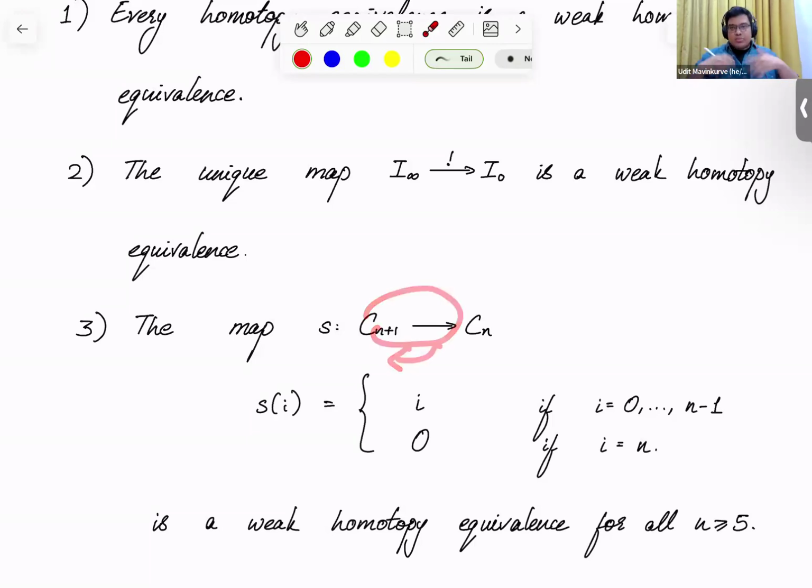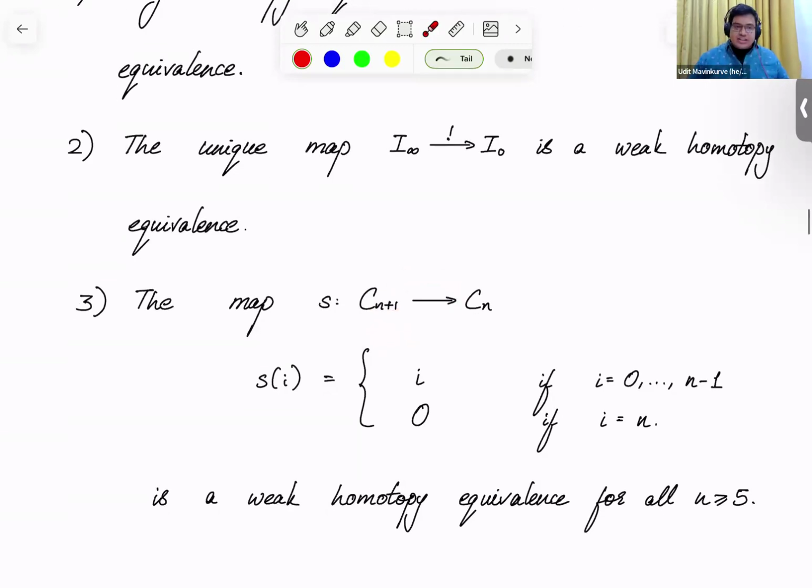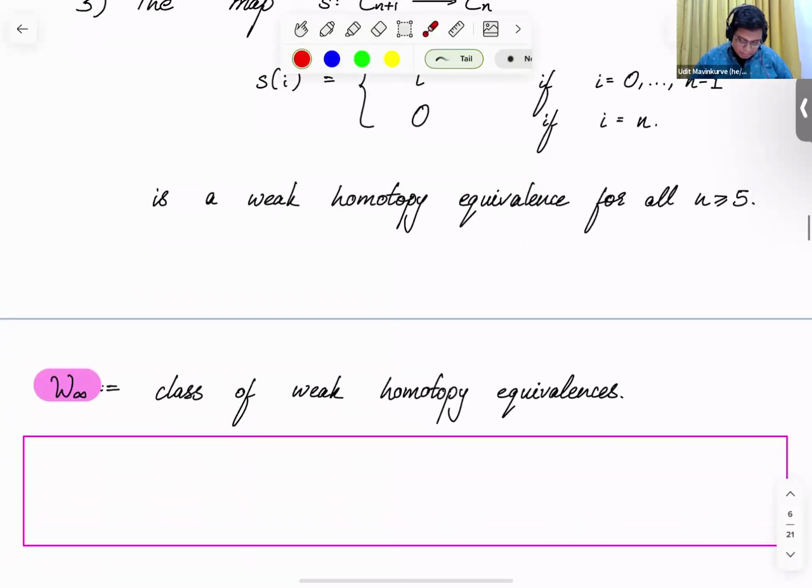So the composition cannot possibly be homotopic to the identity. Any possible composition that goes this way, right? So that's another example of a weak homotopy equivalence which is not a homotopy equivalence, even though the graphs are finite. So we don't really know what is the class of graphs for which these notions are equivalent.